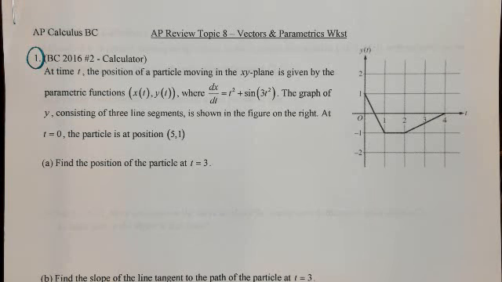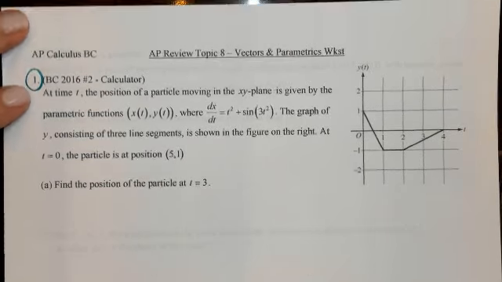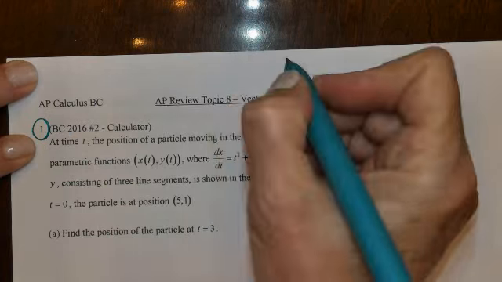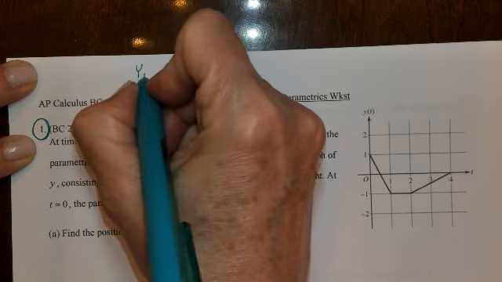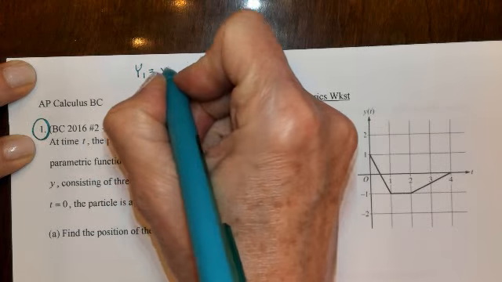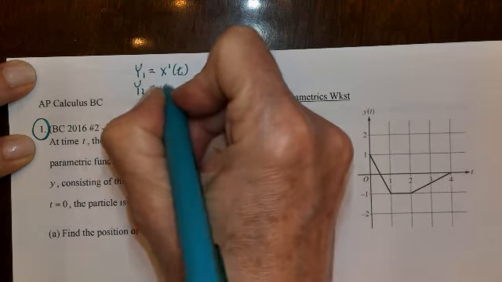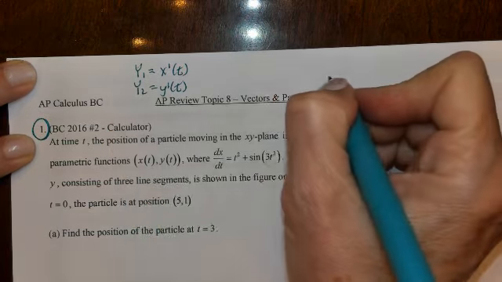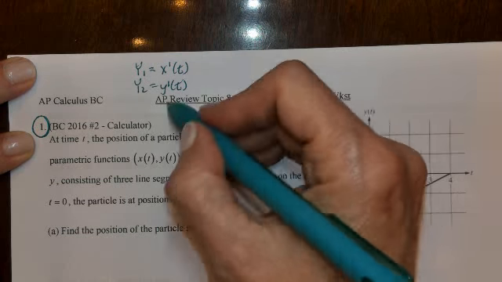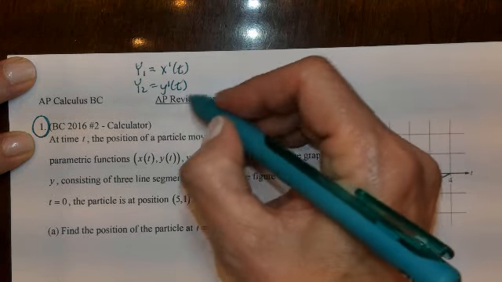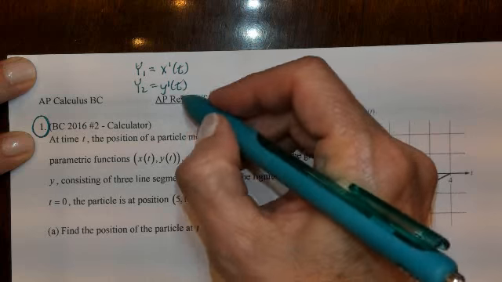And remember, when you're using a calculator for these, always try to put x prime of t in for y1, and y prime of t in for y2. You always want to put the two parts of the velocity in.